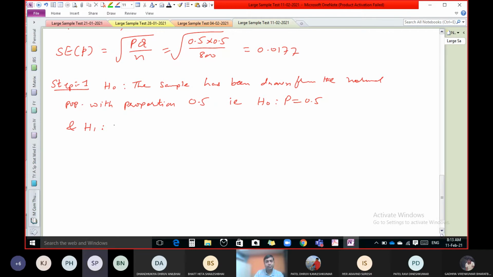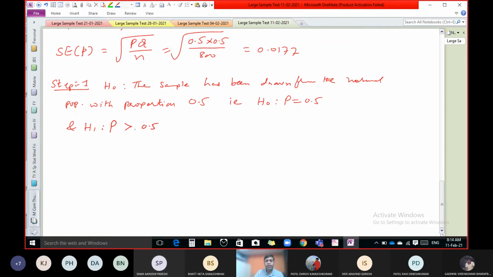We have to write either P less than 0.5, greater than 0.5, or not equal to 0.5. So which sign do we have to write here? Greater than, less than, or not equal to? P is greater than. Correct, absolutely right. Greater than. Why greater than?